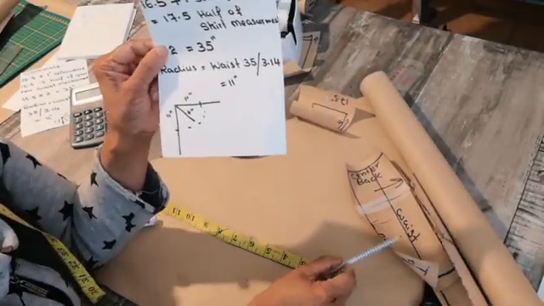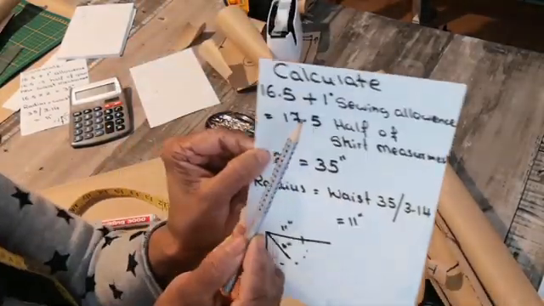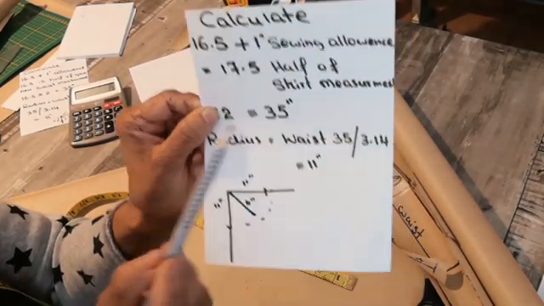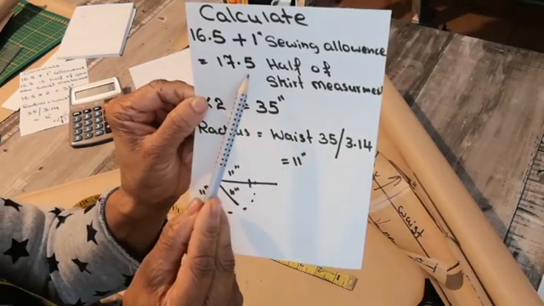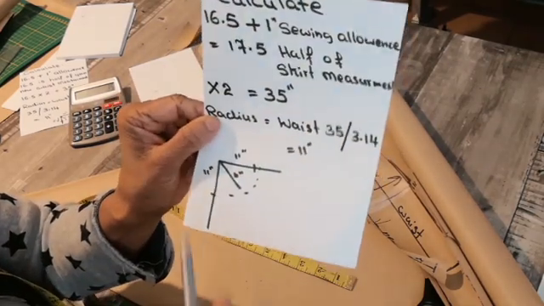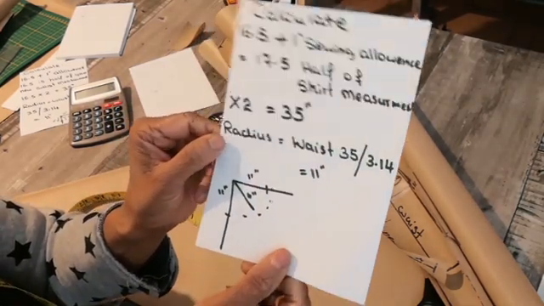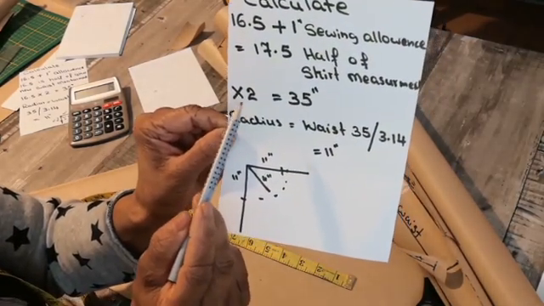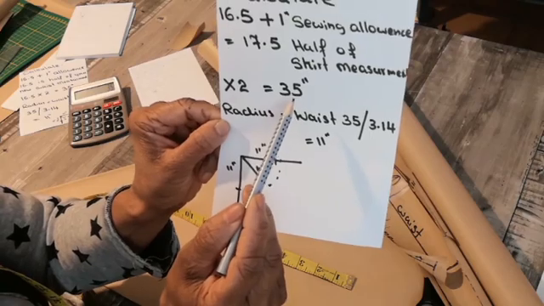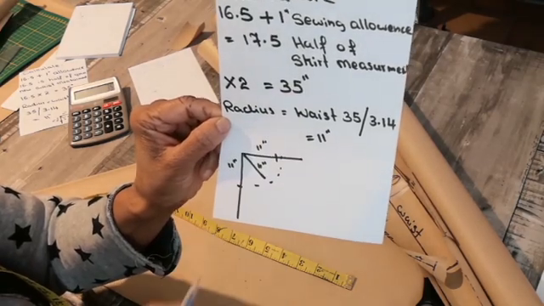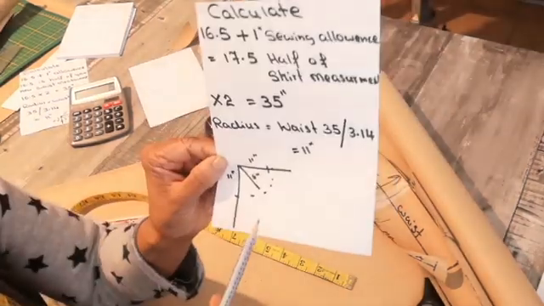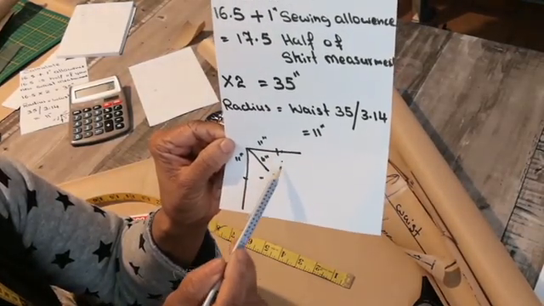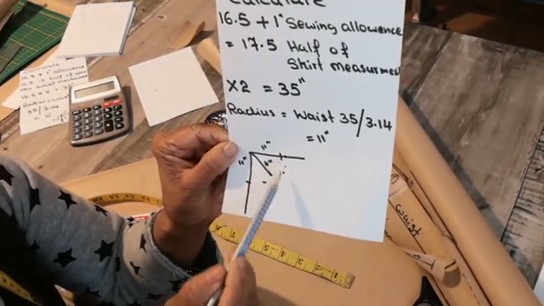Calculate. I have 16.5. I give 1 inch for sewing allowance. I got 17.5. This is half of your skirt waist measurement. And twice, I got 35 inches. I have to find now the radius to cut this waist.